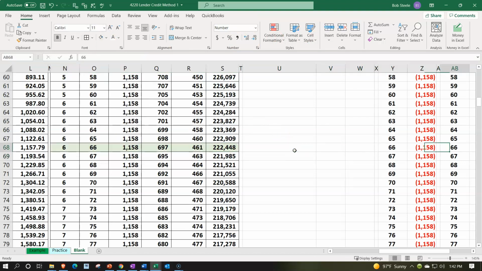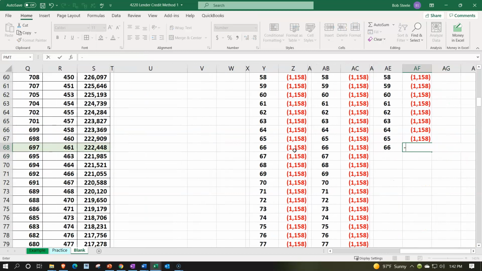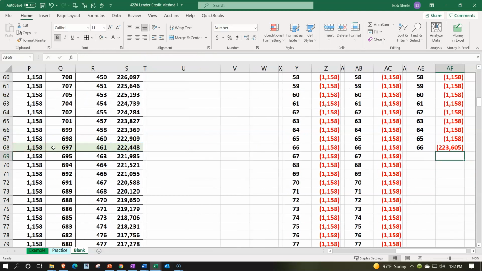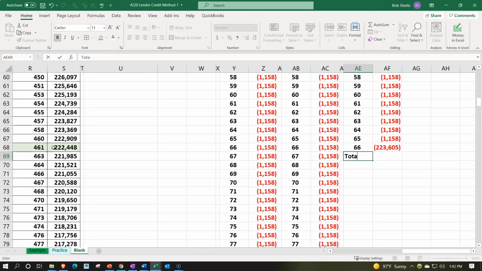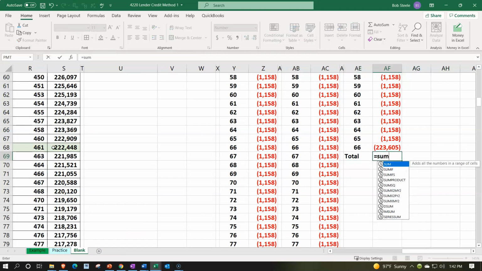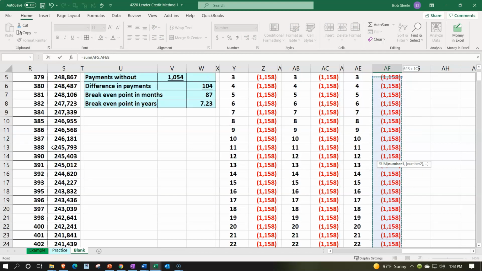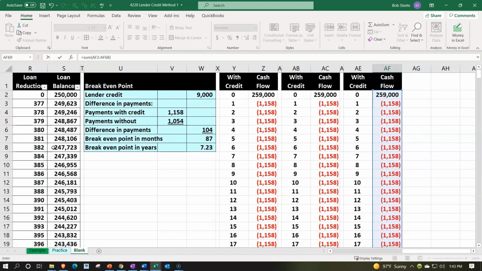Okay, let's do the IRR there. So I need the negative. If I sold right there, I'd have to pay off the loan of that $222,448 minus the $1,158. So the total, if I add this up, equals the SUM of these. So there we have it.